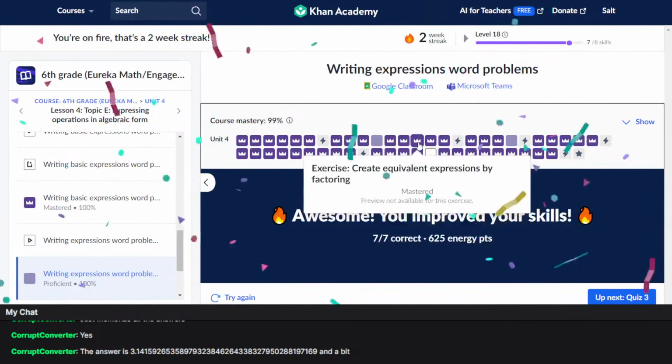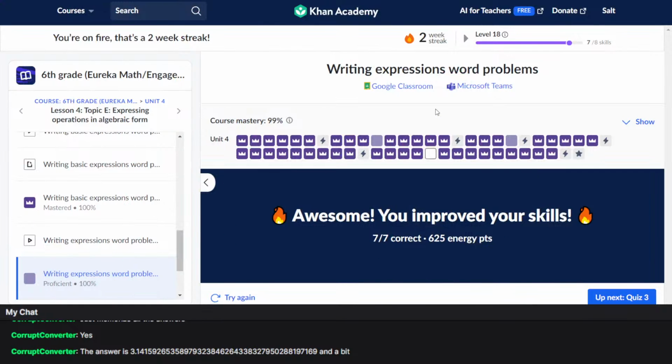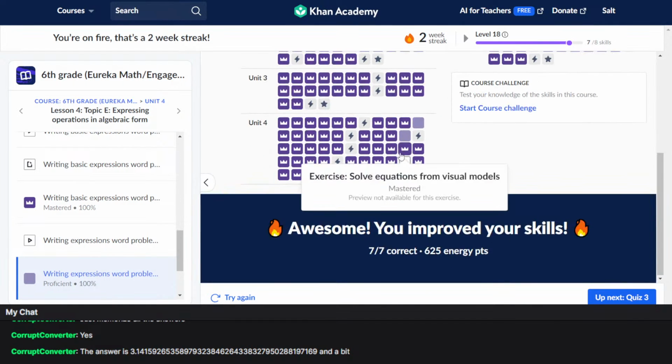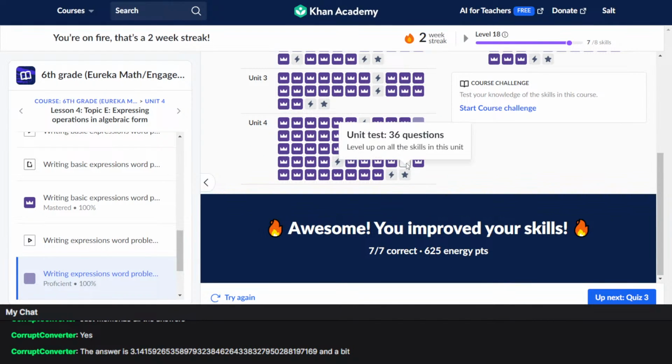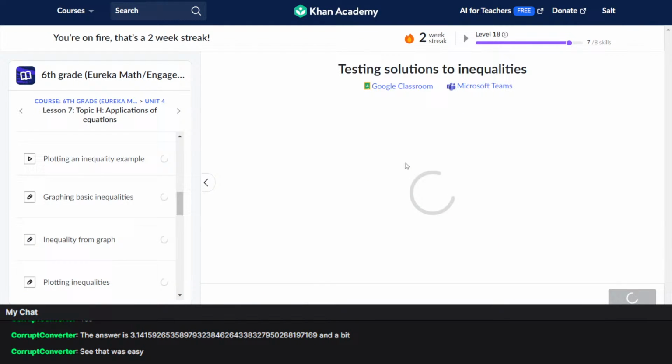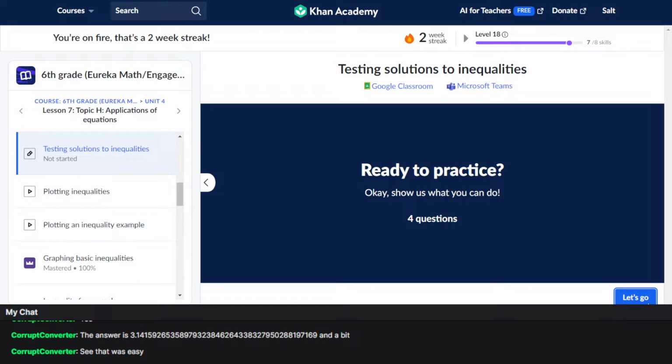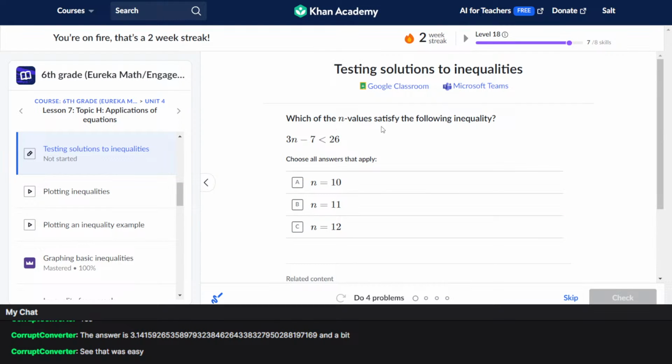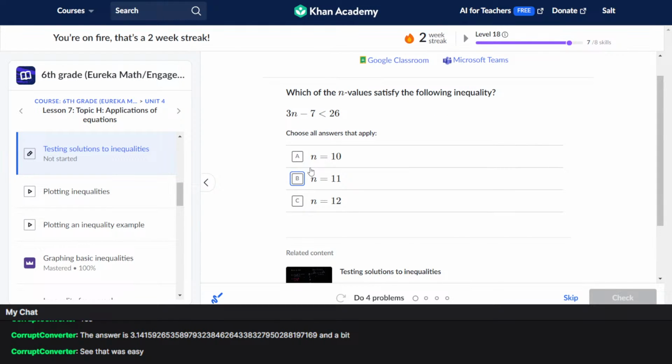There wasn't even any computation involved in that, but somehow that was annoying. Maybe I'll do this. This doesn't seem like too much. There's only 4 questions. Oh, okay. Corrupt Converter says, see, that was easy. Yeah. Easy. I did that in one go. It was easy.